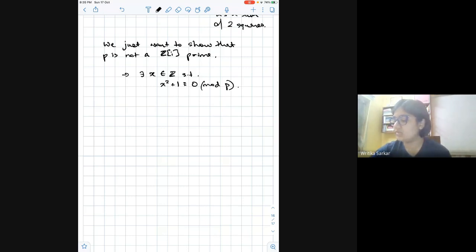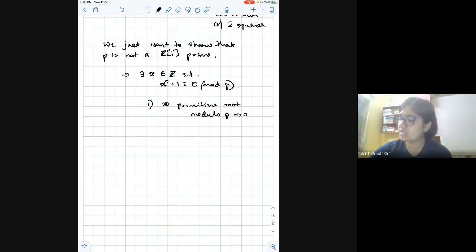Does anybody know how to show that such an x exists? Never mind. I'll just say it myself because we don't have much time. So there are two methods, I mean, two methods that I know of. You can either take x to be... not x. We just consider a primitive root modulo p. Right? We consider a primitive root modulo p.